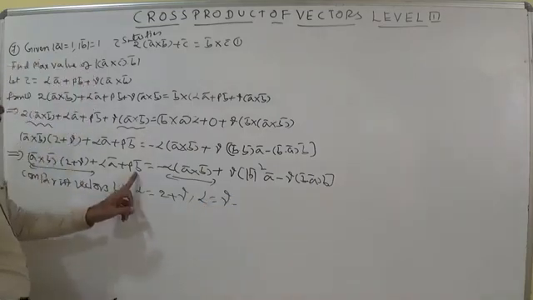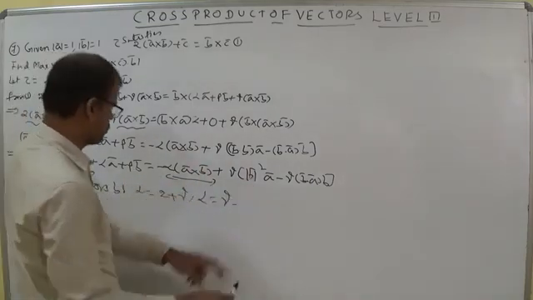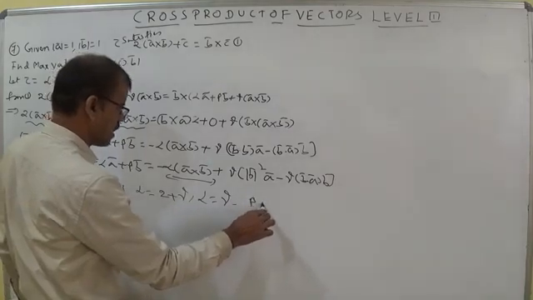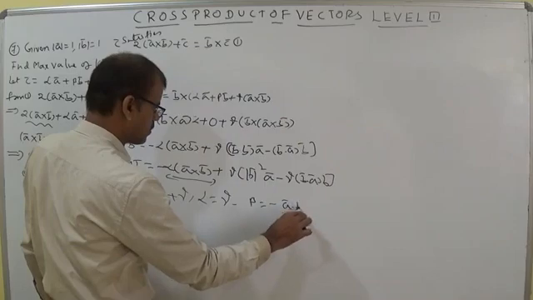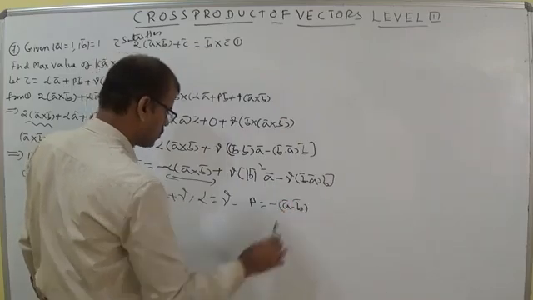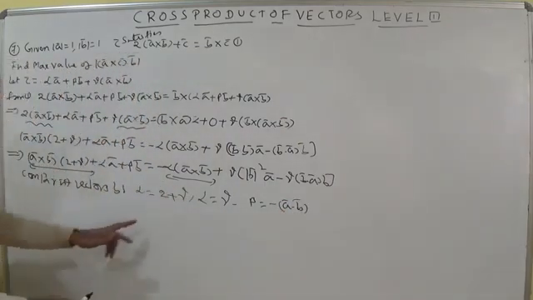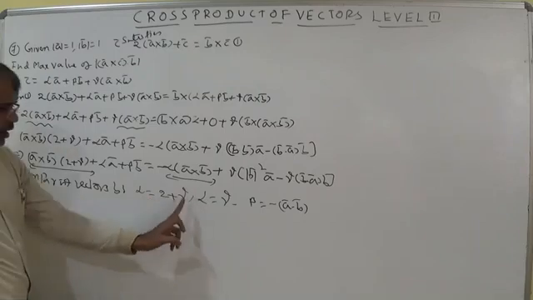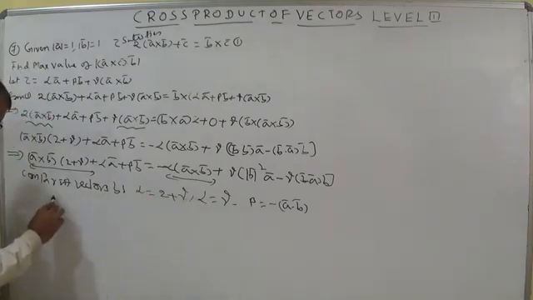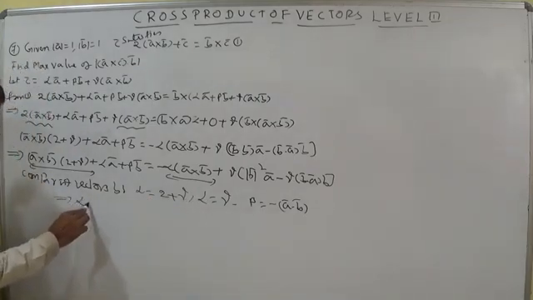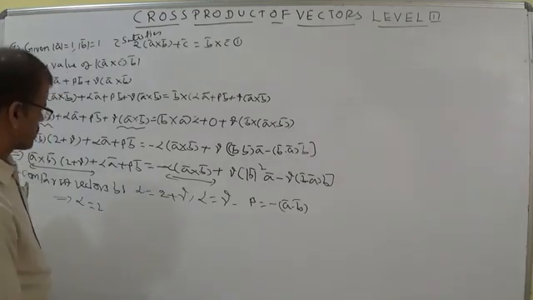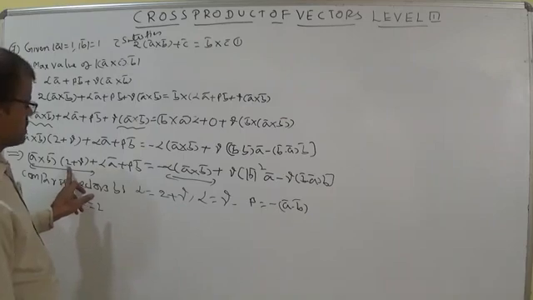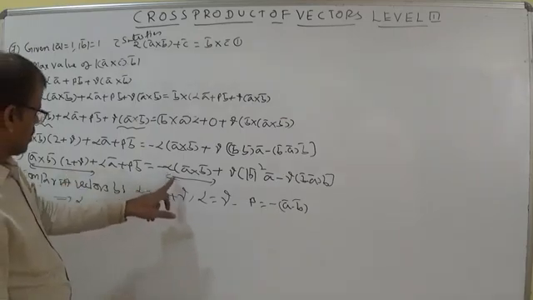Next beta B bar, compare the vector B bar both sides. It can be written as beta is equal to minus A bar dot B bar, or B bar dot A bar, no problem. Leave it. Next, now you write the value alpha instead of gamma. That implies alpha is equal to 2 plus, maybe here minus is there, because minus alpha.